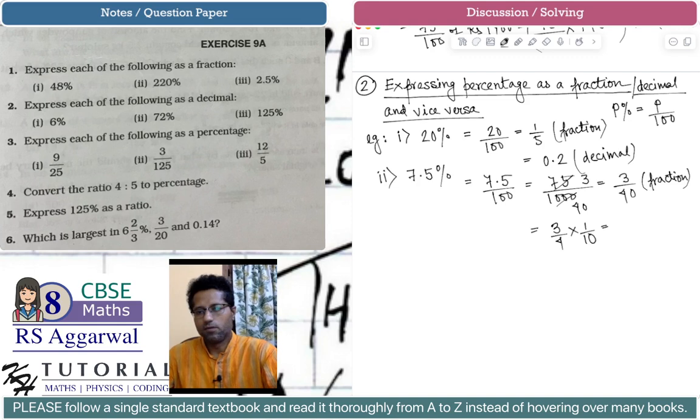Now 3 by 4, if you convert it into a decimal, becomes 0.75, and we have divided by 10, which is equal to 0.075.